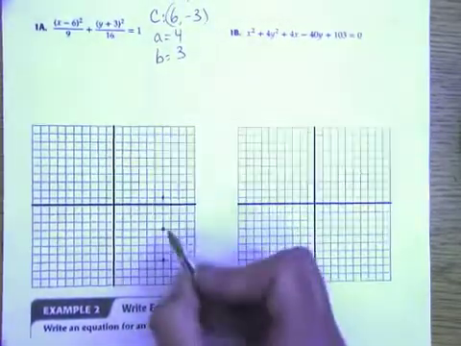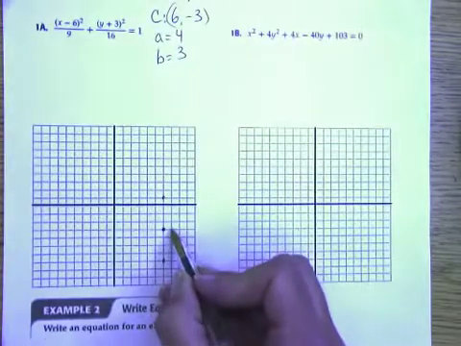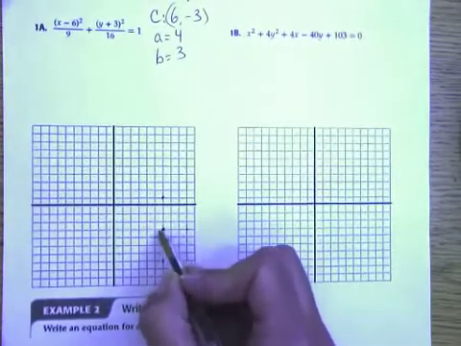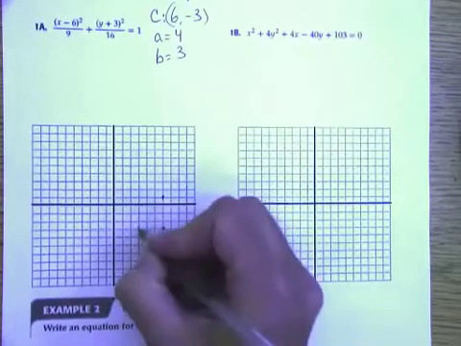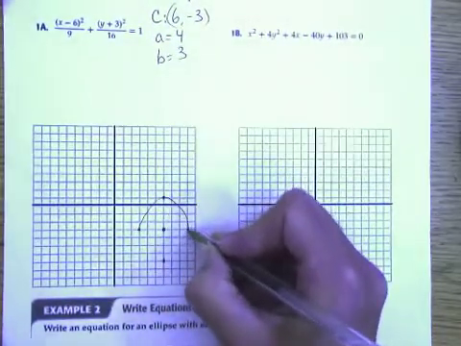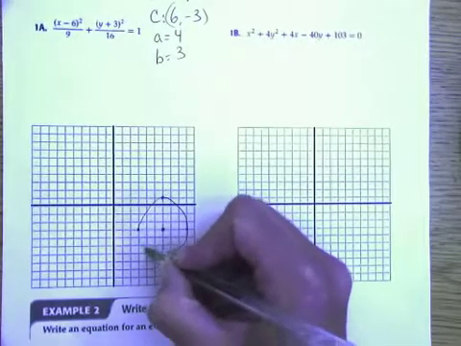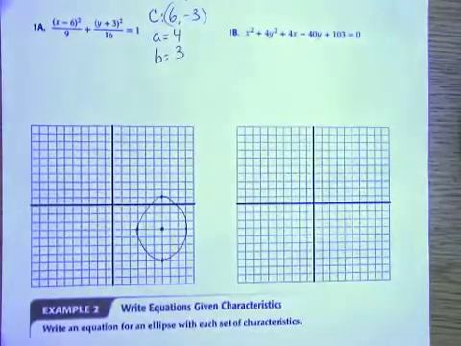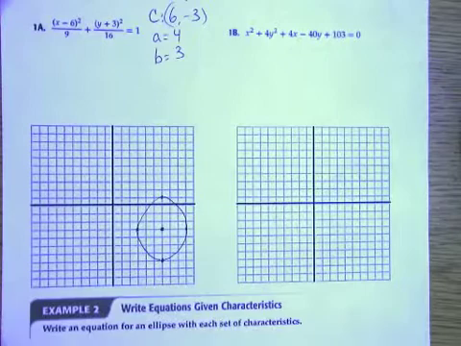The B is how many spaces away from the center my co-vertices are. So from here, 3 spaces to the right of the center, 3 spaces to the left of the center, and connect the dots. And there's our ellipse.